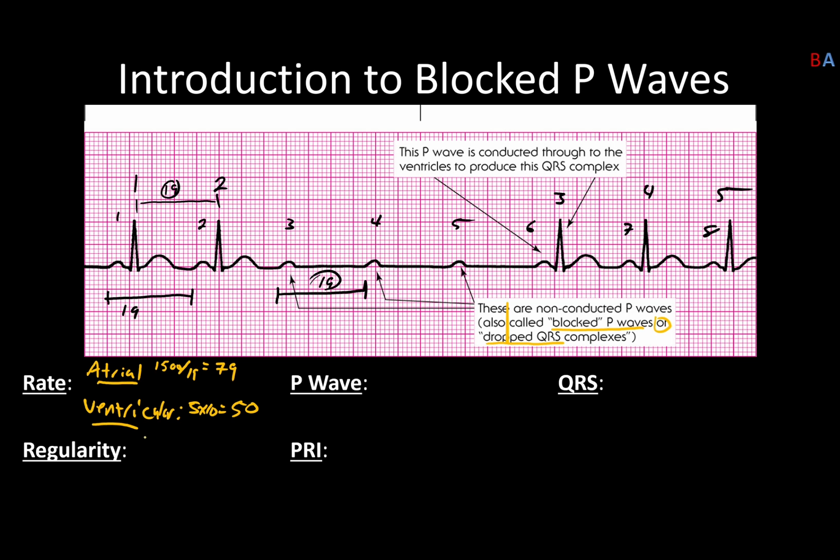As for regularity, this is pretty straightforward. No ectopy, no pattern. But we can say that there are more P's than QRS's, correct? For our P waves, we've already walked through this.